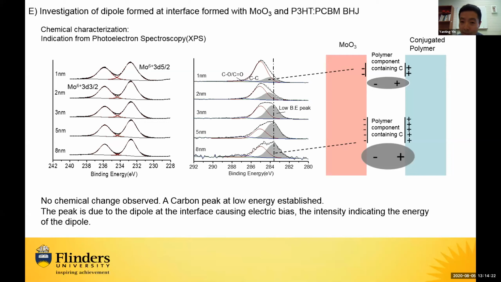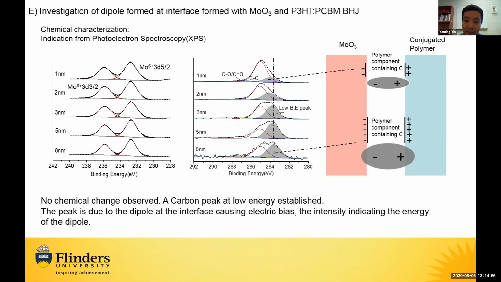So this carbon is most likely forming because of the formation of carbide, so moly carbide, but there's no moly carbide forming because moly is not changing. So this began to give us information: is there anything other than chemical reaction happening at the interface? The only explanation is that this fraction of carbon belonging to BHG is experiencing an electrical bias at the interface.